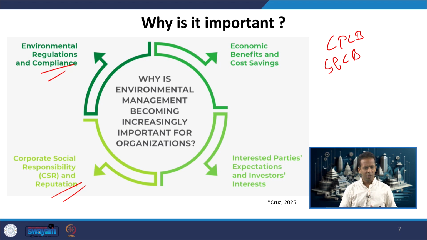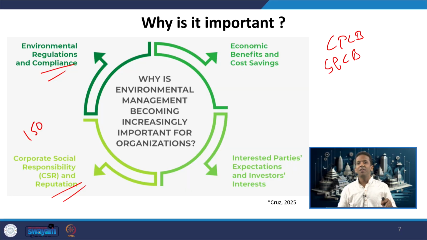You might have heard about ISO 14000 standards. It is the international standard, it is a voluntary standard, but since we live in the era of globalization and industrialization, where climate change is a highly talked about topic, customers are aware of what companies, what industries are responsible for environmental degradation.